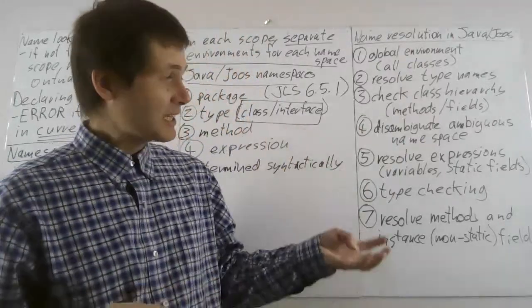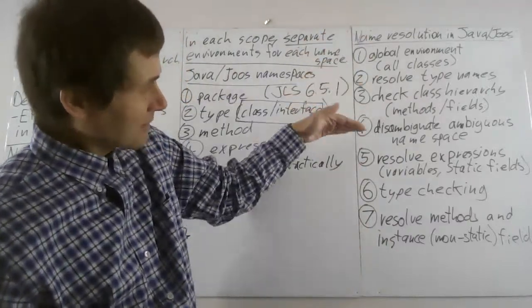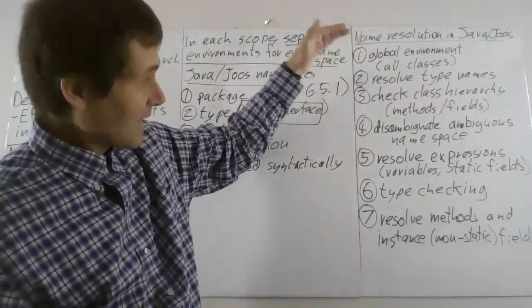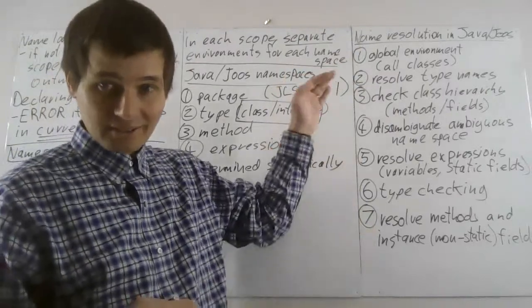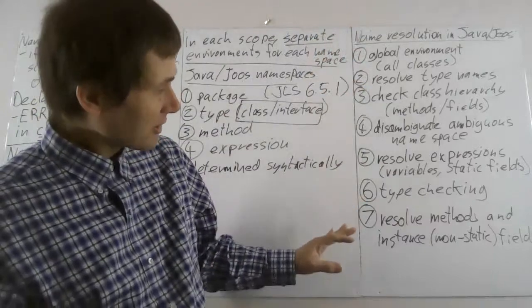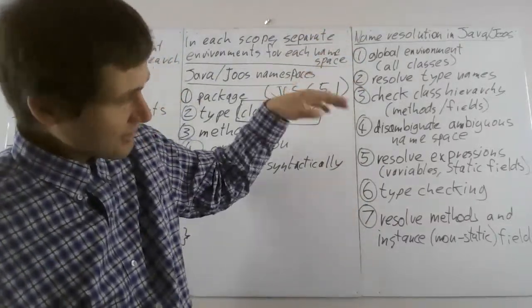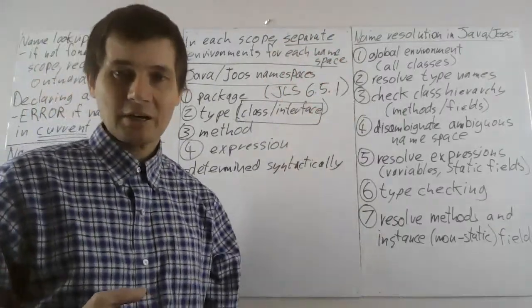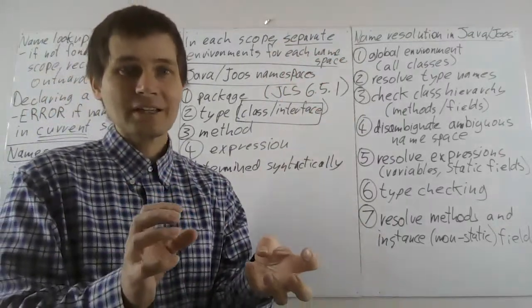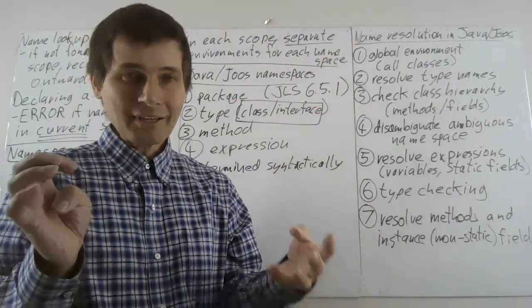For Java, they are interdependent, but you can split them up into steps that you can do in sequence, these 7 steps. Even though overall it's interdependent, if you do this first, then this, then this, then this, you can do them one at a time. That makes it slightly easier to implement.